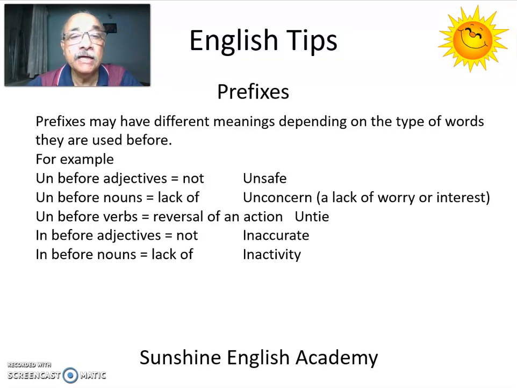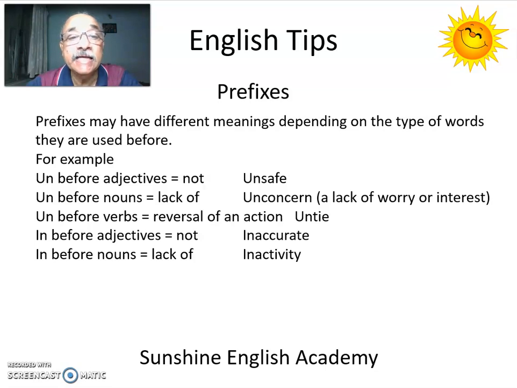Next, when un comes before nouns, it means lack of. For example, unconcerned means a lack of worry or a lack of interest. Next, when un comes before verbs, it has the meaning of reversal of an action. For example, untie. So we can tie something and then we can untie it. It is the reversal of the action of tying.